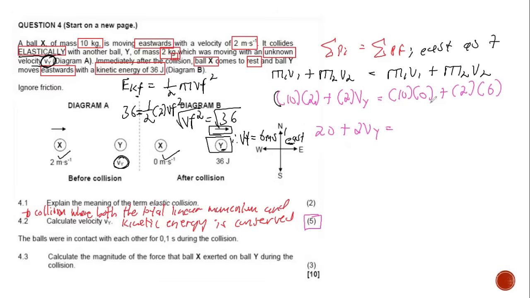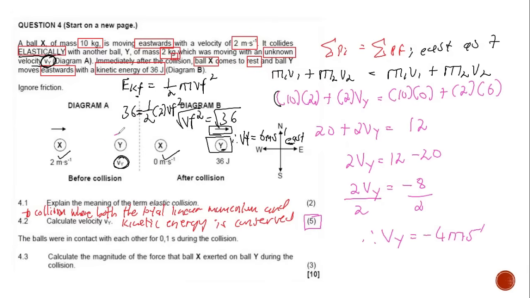And 2 times 6 is 12. So we have 2 Vy is equal to 12 minus 20, and then 2 Vy is equal to negative 8. Then dividing both sides by 2, therefore our Vy will be equal to negative 4 meters per second.